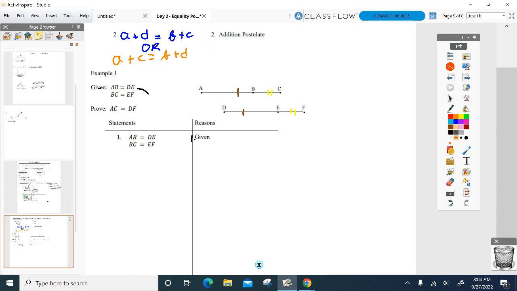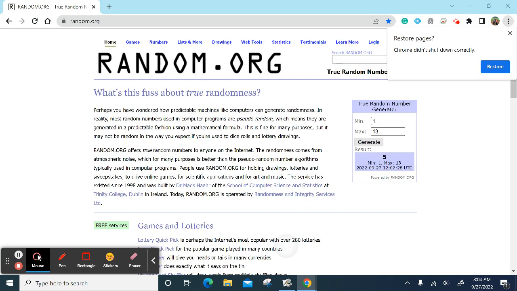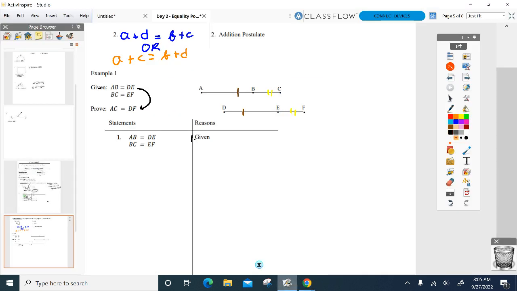From your givens to here, am I getting bigger with my line segments or smaller with my line segments? From the givens to the proof, are the line segments getting bigger or smaller? They're getting bigger. And the only way I can get bigger is if I do what to my current line segments?